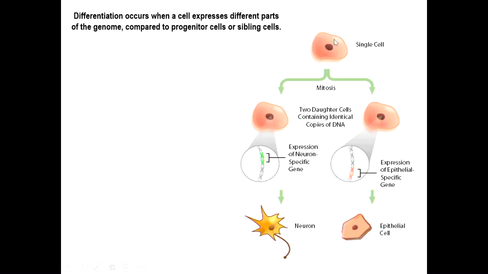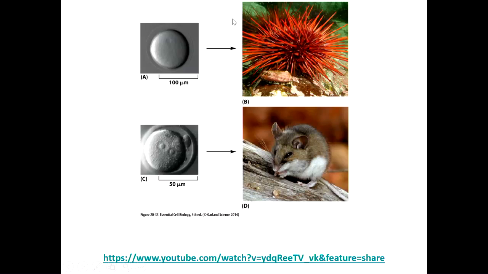So all this slide is showing you is that you're dividing a cell here, and now maybe this one, to put it very simply, makes a neuron-specific protein from a neuron-specific RNA, and this one makes an epithelial-specific protein from an epithelial-specific RNA. Now, this is super oversimplified, right? In your actual cells, you have hundreds, if not thousands, of different things that are coordinating and changing to make this happen. Okay, so then this is development, this is differentiation.